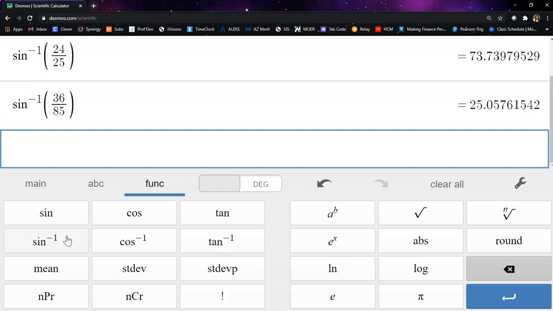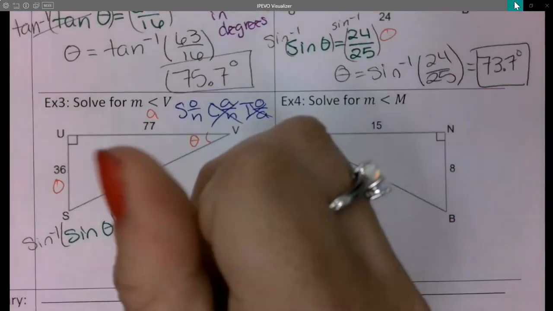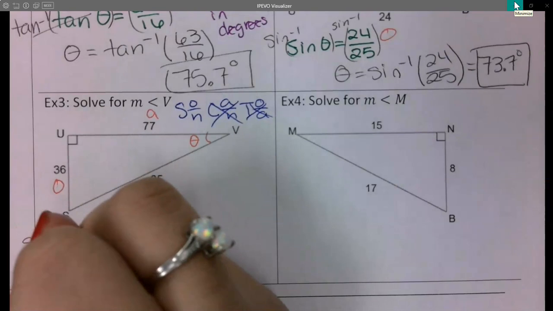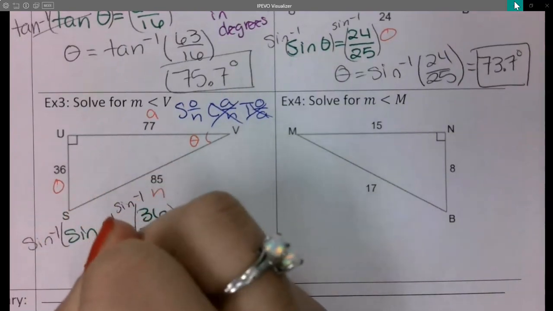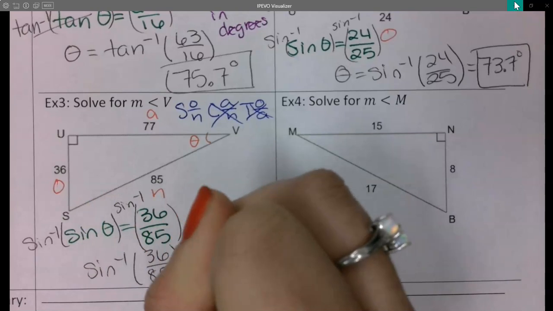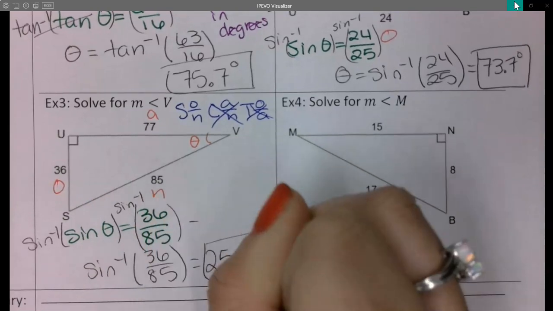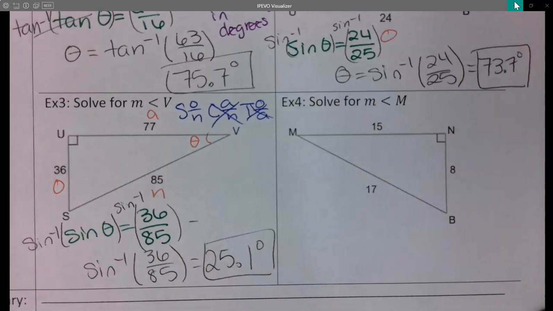This one gets me 25 point, and this one's going to round because of the 5 after the 0, so it's going to be 25.1. This would have given me the same answer no matter which trig function I picked, as long as I plugged in the right sides.